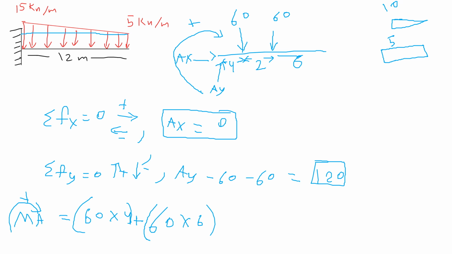So I got 60 multiplied by 4 plus 60 multiplied by 6. It gives me 600. Does it equal 600? It equals 600 kilonewton meter. So what I have, 120, 0.